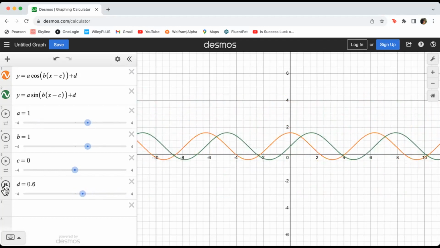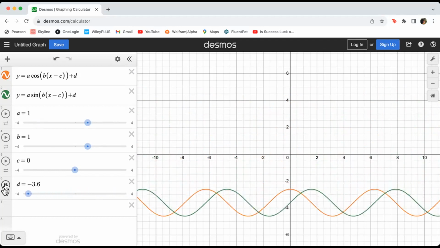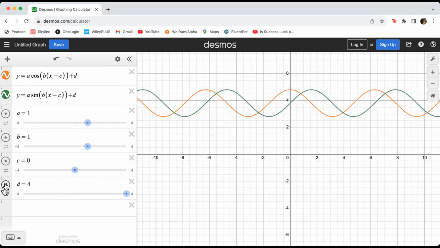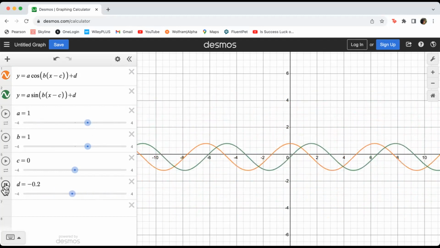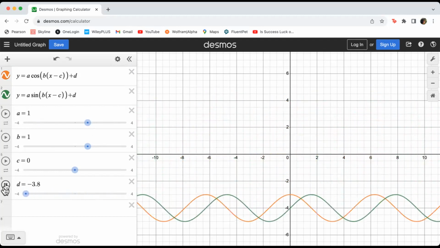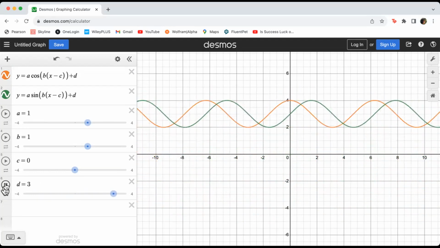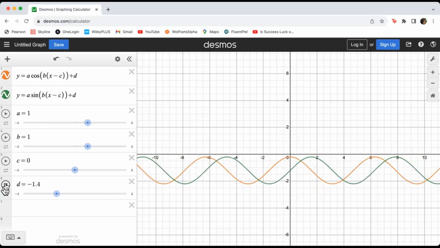So as the value of D changes, what is happening? What is changing? Is the amplitude changing? No, we just decided that amplitude was controlled by the value of A. Amplitude is staying the same because the height of the graph is the same as D goes up and down.